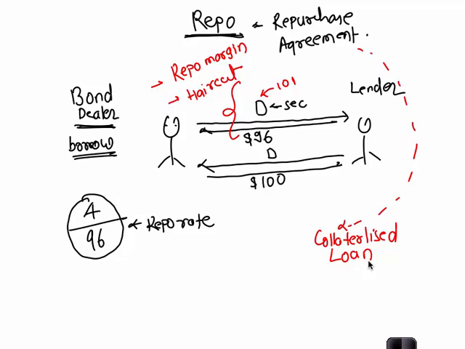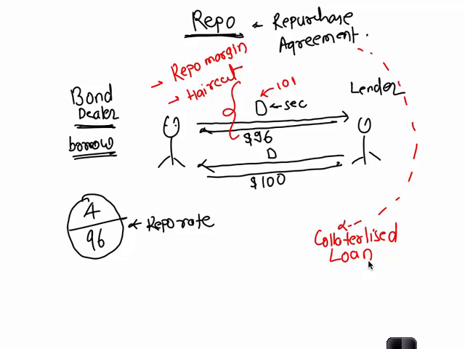So the question is asked, if we give a security and that security gives a dividend, or rather than dividend, let us say that security gives us some interest, then to whom does it belong? Generally you wouldn't have securities which have cash flows.